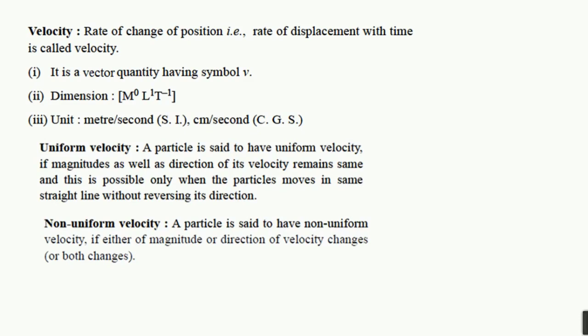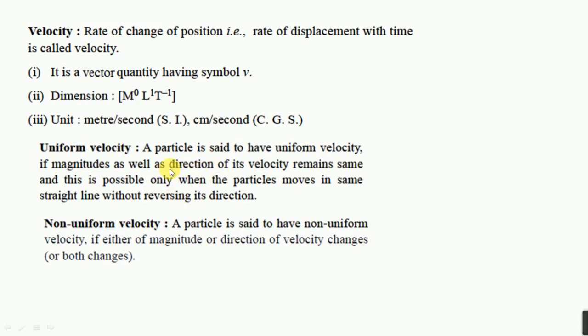Now next is velocity. Velocity is speed in a particular direction. So the rate of change of displacement with time is called velocity, and the formulas are the same as speed, and the unit is also the same. So we have different types of velocity.